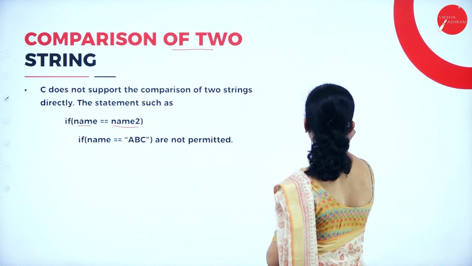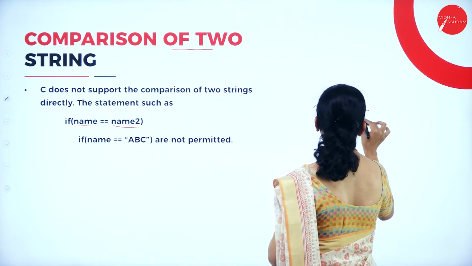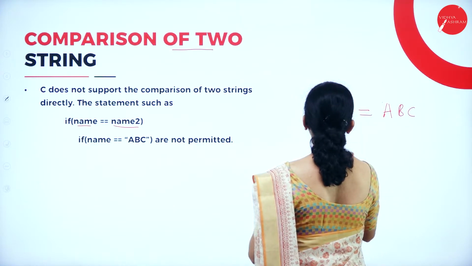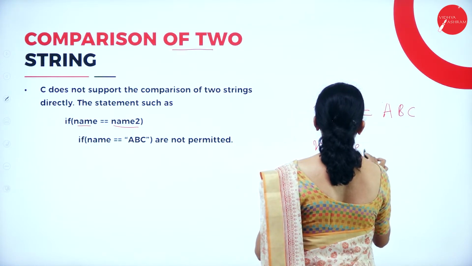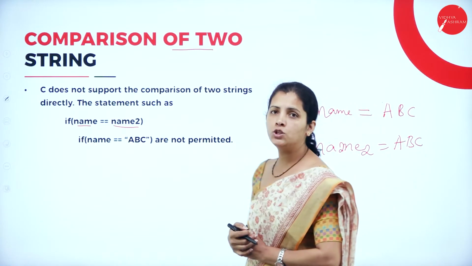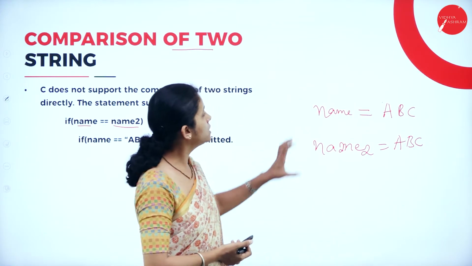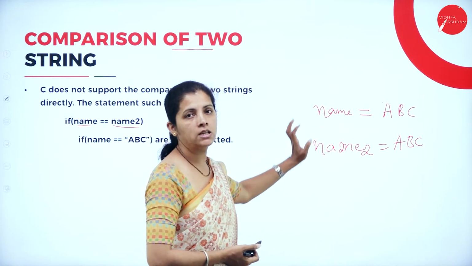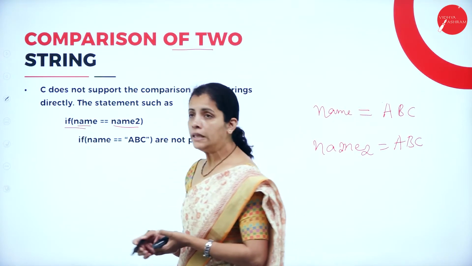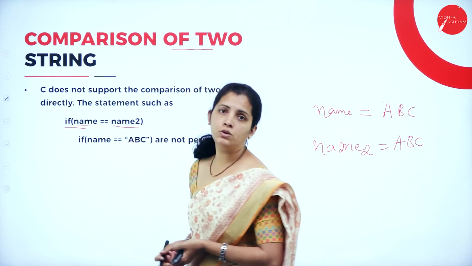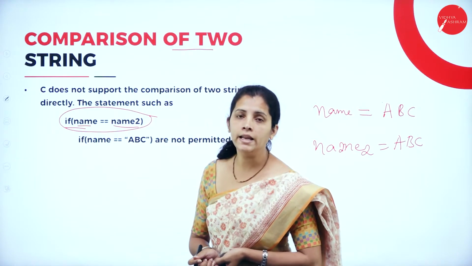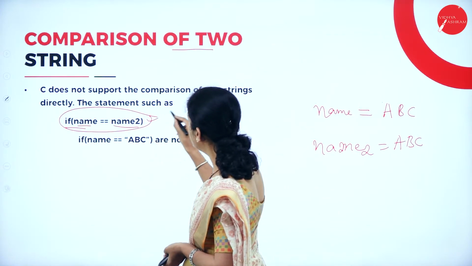In my name, I have A, B, C, and in my name2, I have A, B, C. Now, I just want to compare whether both the strings are equal or not. How am I going to compare? If name equal to name2. If both are equal, then it returns true. So, this statement is true.